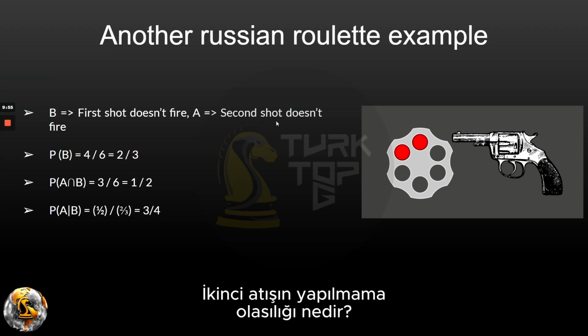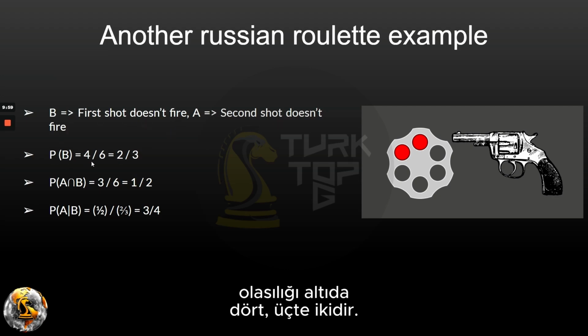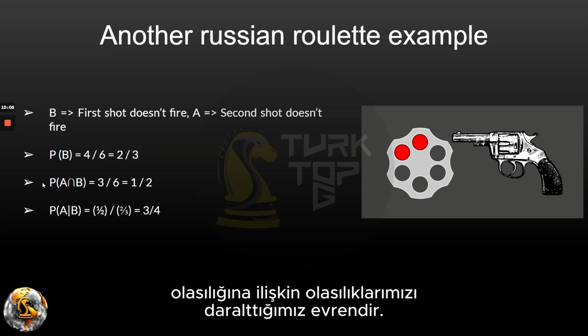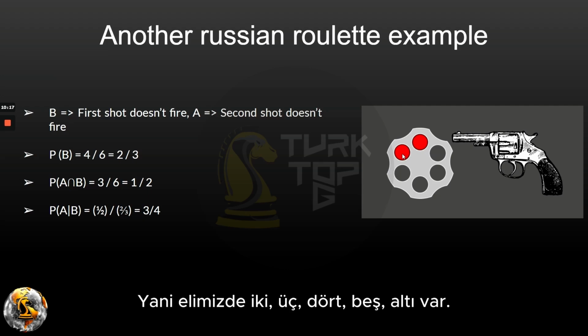So the probability of B, that the first shot did not fire, is 4 out of 6, or 2 out of 3. That's the universe we have narrowed down our possibilities to. Probability of A intersection B, that both shots don't fire, is 3 out of 6. How? Let's assume this is chamber 1, and then we have 2, 3, 4, 5, 6.